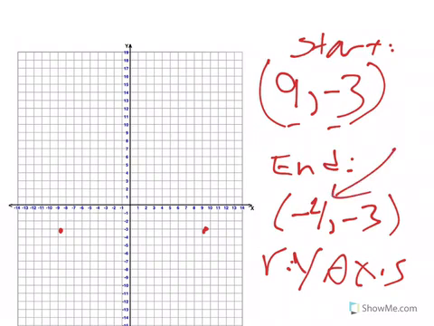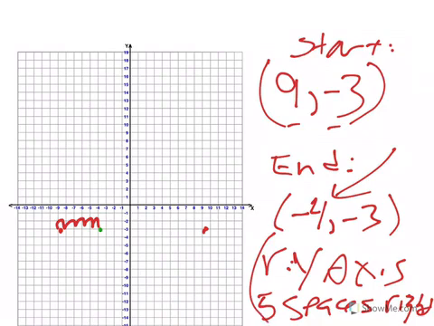So to get there, I'm going to go ahead and mark it just so I can see. To get there, we'd have to go 1, 2, 3, 4, 5 spaces to the right. So your directions would be start at 9, -3, reflect over the y-axis, then move 5 spaces to the right, and you'll end up at -4, -3, which is just where they want us to end up.